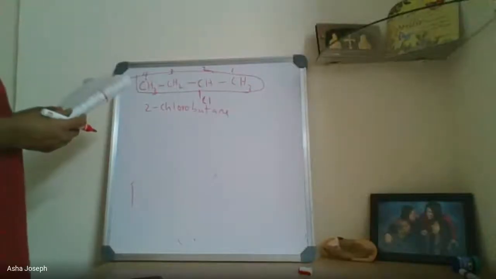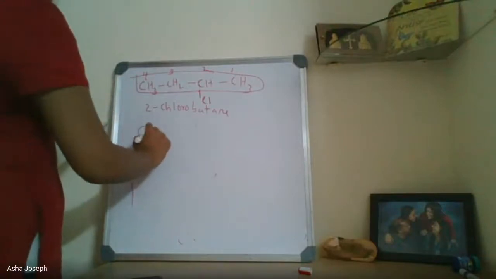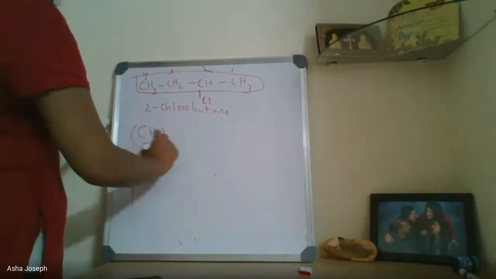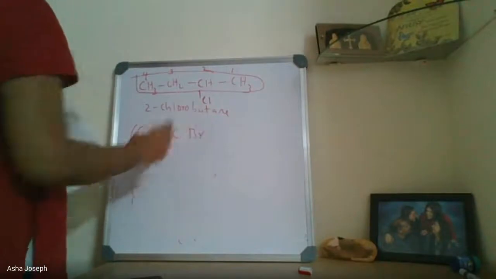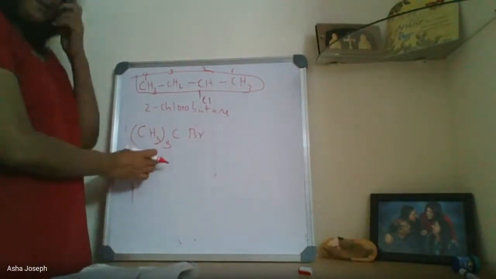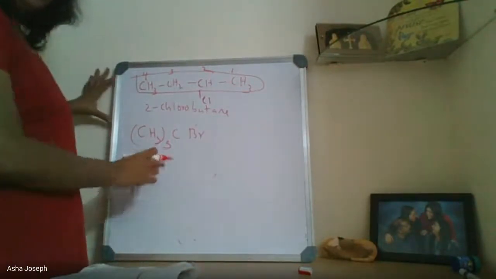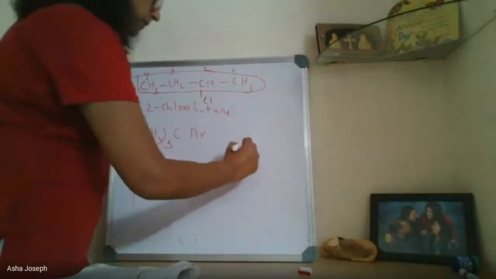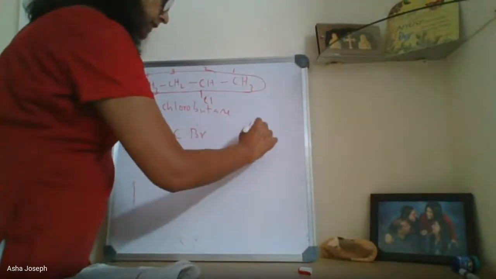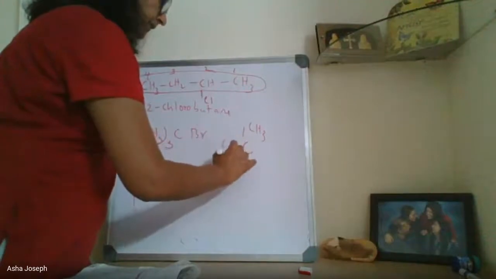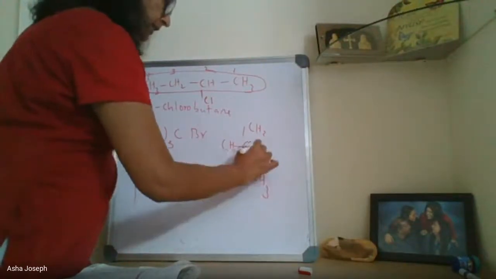Okay. If you are not following, you would say the second one, CH3 thrice CBr. And when this type of compounds come, you expand. CH3 thrice means this carbon has 3 CH3 groups connected, CH3 and Br.